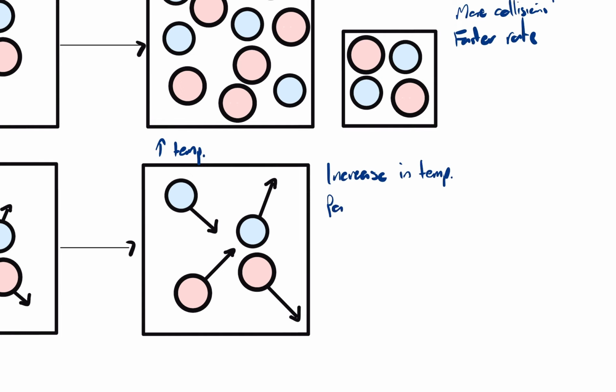And at that point, the particles have more kinetic energy. In essence, that means that they're moving faster, right? So because of that, we're going to have more collisions with greater force.